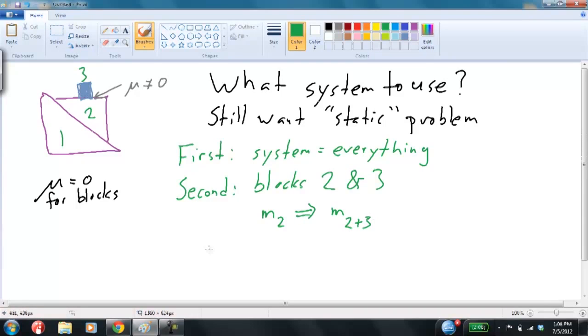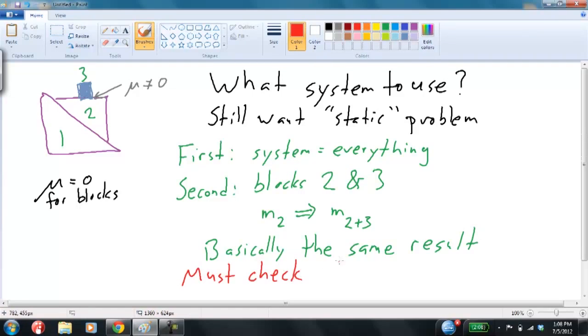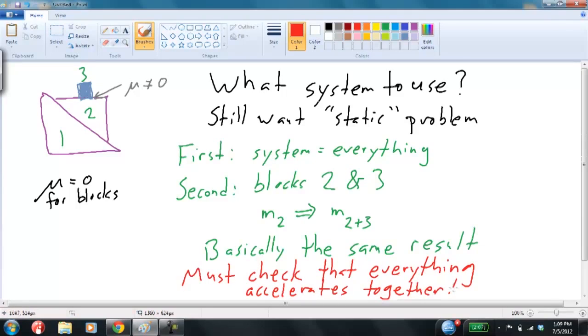So I would actually get exactly the same result. Now, having made that assumption, there's one thing. At the end, you have to check that everything's accelerating the same. What condition does that impose on the problem?